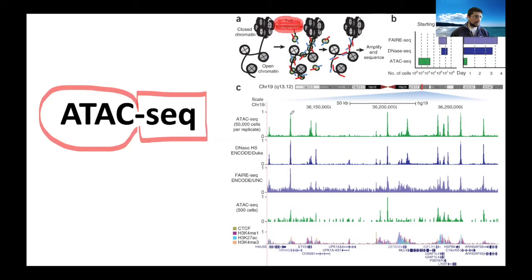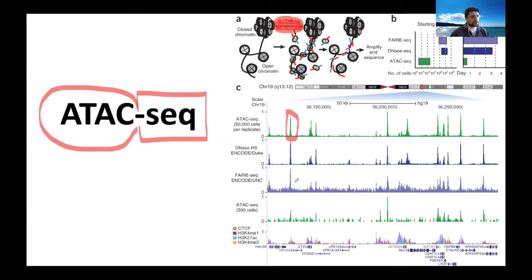So if you look at the plot at the bottom, that's a genome browser view. You see that when you have an ATAC-seq peak here, it means that this region is open. So it's accessible to this transposon, okay?